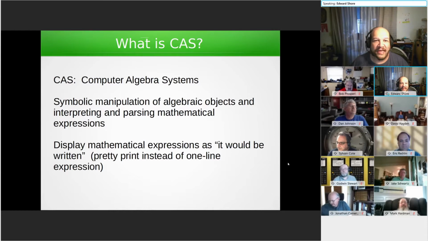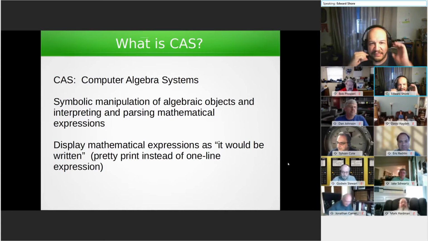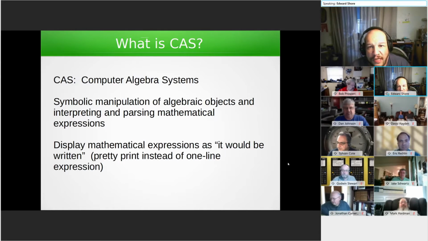So, what is CAS? If you're not familiar, CAS stands for Computer Algebra Systems, which is basically symbolic manipulation of algebraic objects and interpreting and parsing mathematical expressions.